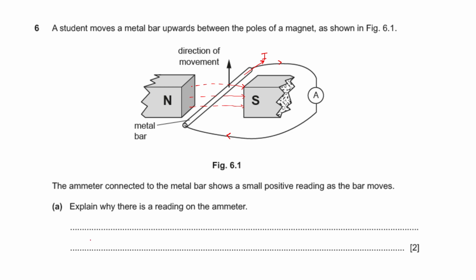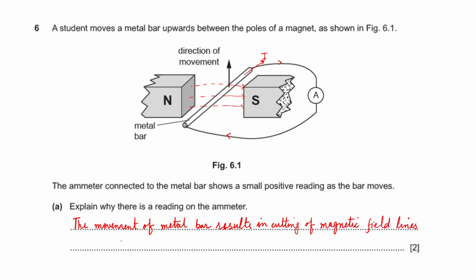So let's write it down. The movement of the metal bar results in cutting of magnetic field lines, thereby producing a change in magnetic flux.